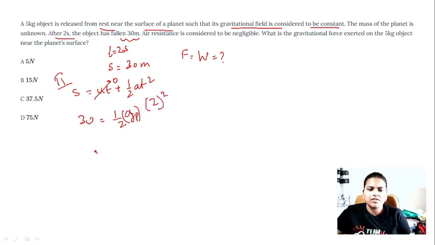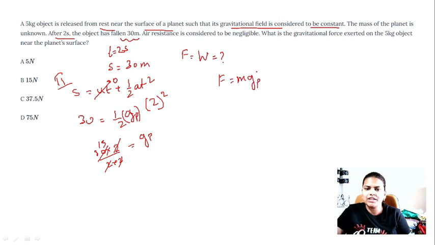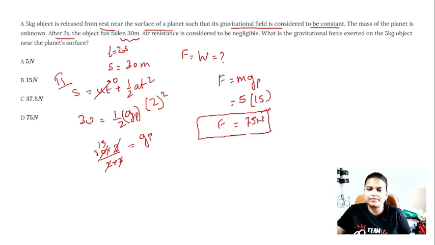So 30 into 2 divided by 2 square gives the gravitational acceleration on the planet, which is 15. Force is equal to mass into g of the planet. The mass of the object is 5 kg and g is 15, so we get 75 Newton.